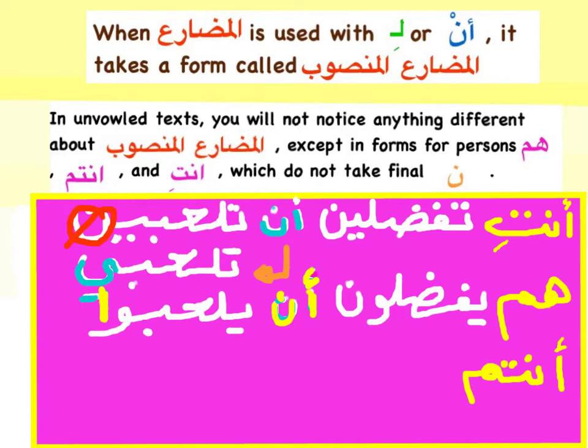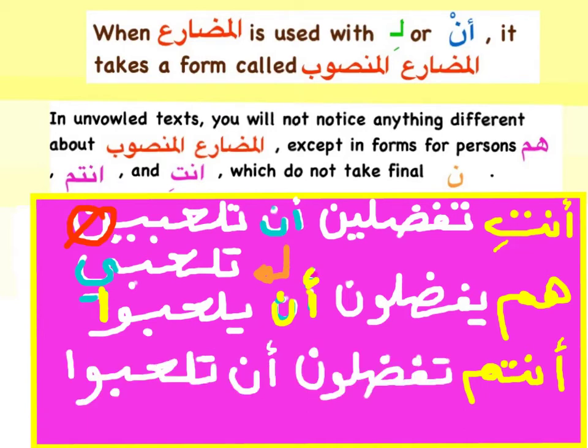So أنتم plus فضل and plus لعب. So with أنتم تفضلون أن تلعبوا. Again, see the effect of the n, and تلعبوا. It's alif.